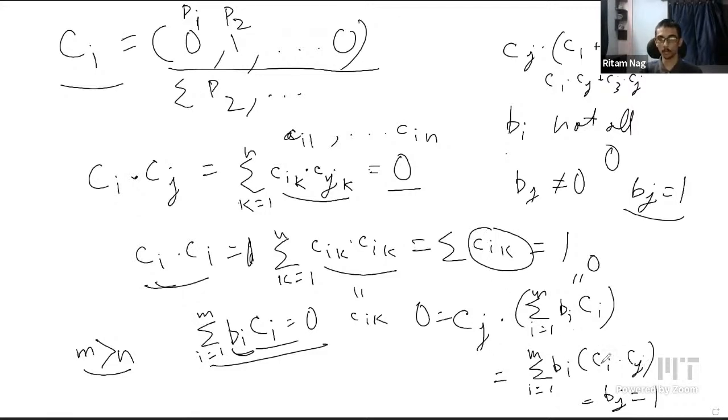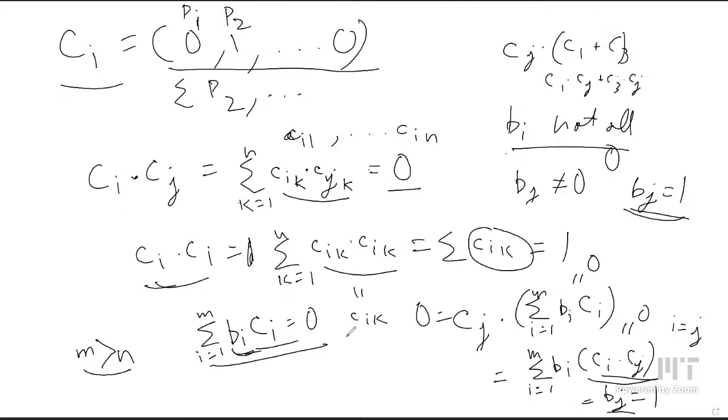But whatever. This Ci dot Cj is 0 unless i equals j. When i equals j, then Ci dot Cj equals 1. So this sum is equal to bj, since the terms with i not equal to j are 0, and when i equals j it is 1. And bj is 1 since we selected bj to be 1, because we know that one of these bi's is not 0.